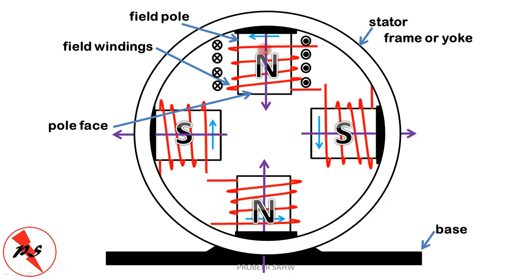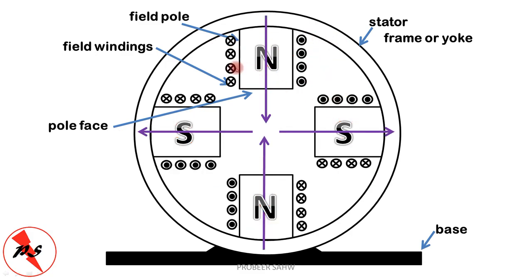So according to that, the current enters into the screen from this point and comes out of the screen from this point. Therefore we represent the windings by these symbols. This represents current coming out of the screen, and this represents current going into the screen. Similarly, we can show field windings in this method.